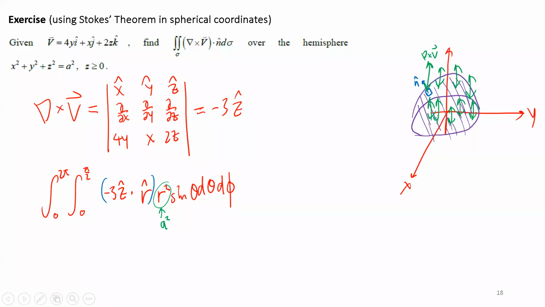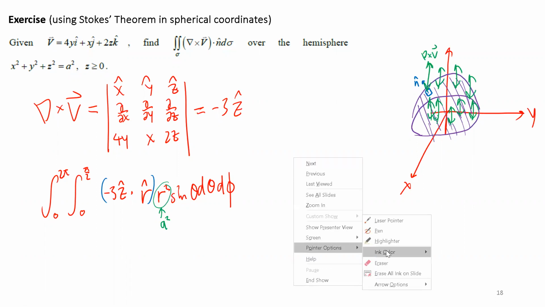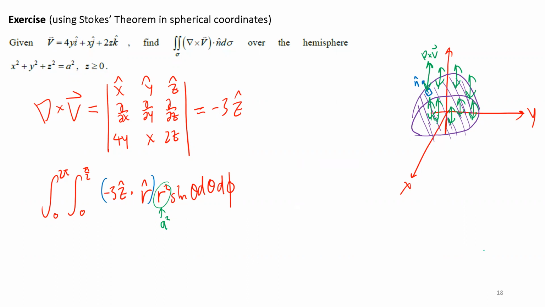Here we have the dot product of z hat and r hat, but one is in Cartesian coordinates, the other is in spherical coordinates. But if you still remember the picture, the geometry, it is easy to figure out. The z hat is always pointing up like this, and the r hat is a vector that looks like this.